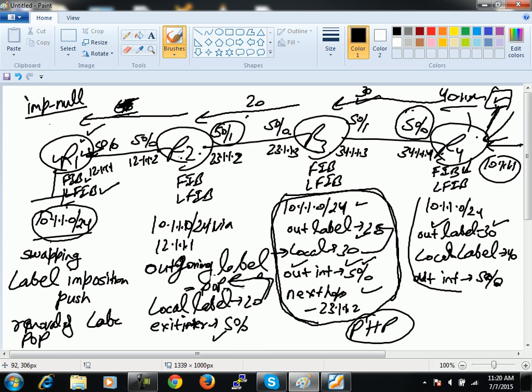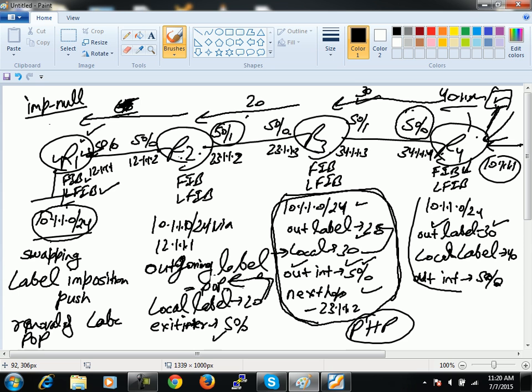So what is the meaning of penultimate hop popping? That you are performing popping one hop before. That is the meaning of penultimate. Have you understood it or not? Just try to understand. For directly connected prefixes, in the previous example I told you that it will generate label number 10.